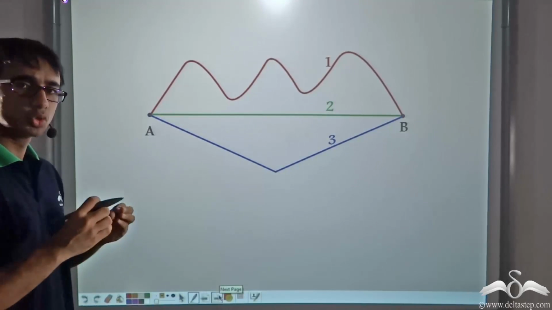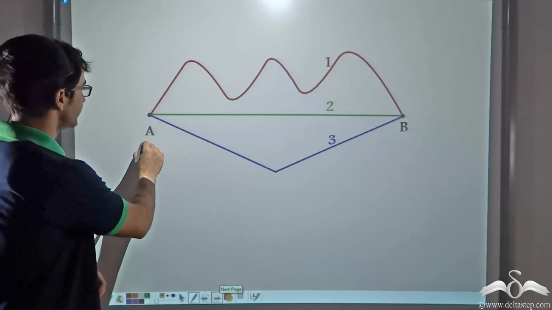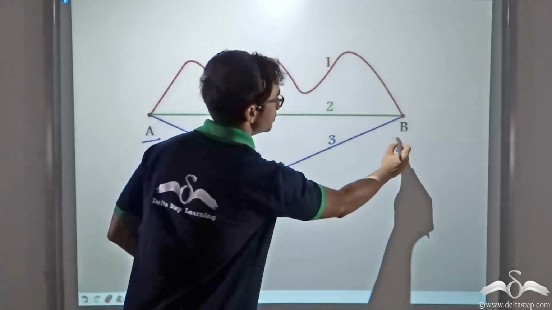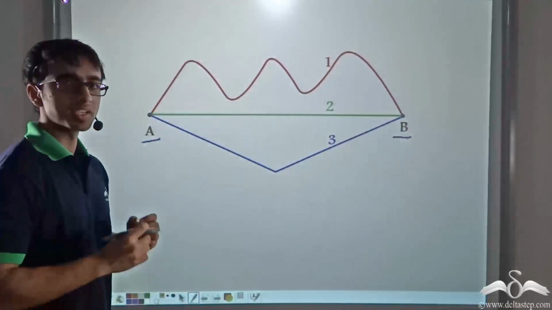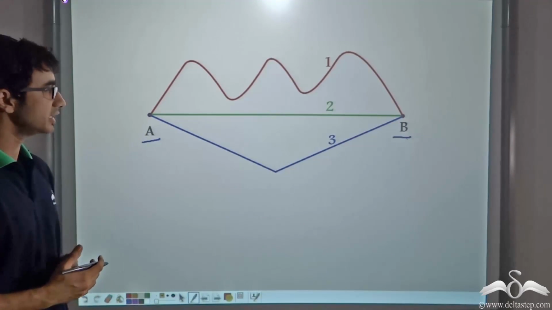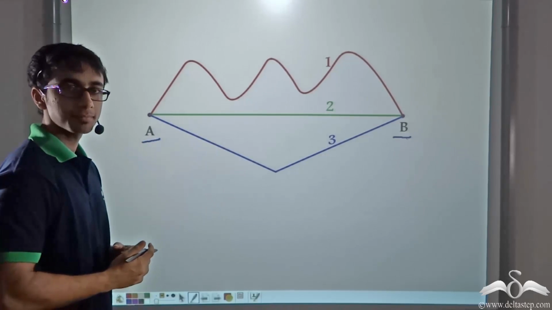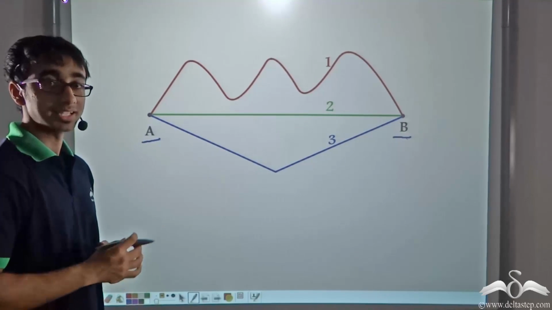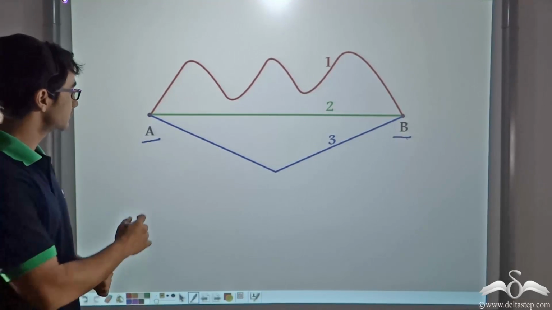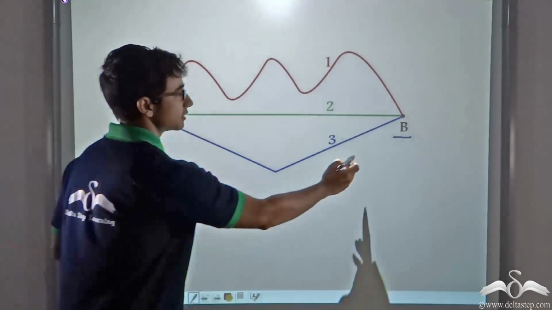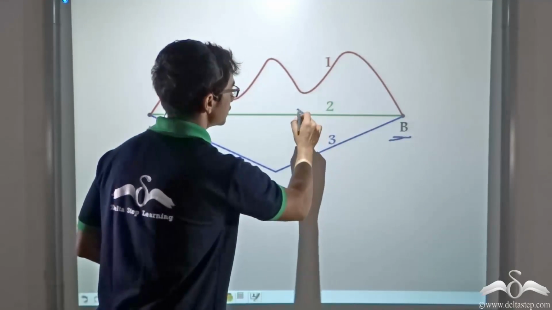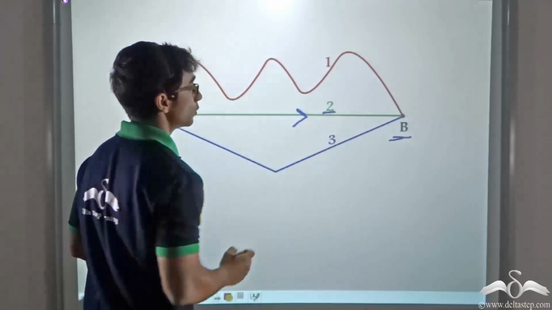So we have 2 points here, point A and point B. Now I have a question for you. Can you tell me how light will travel from point A to point B? That's right. Light will travel from point A to point B through path number 2. Why?